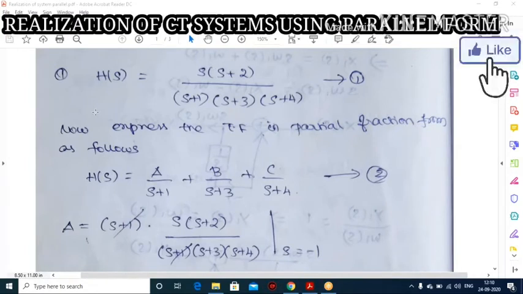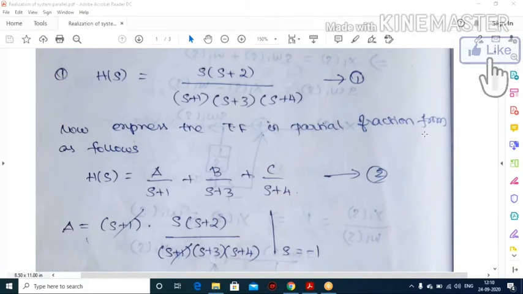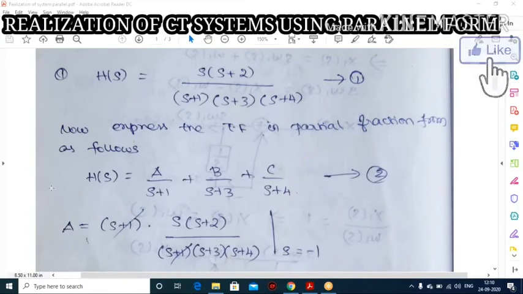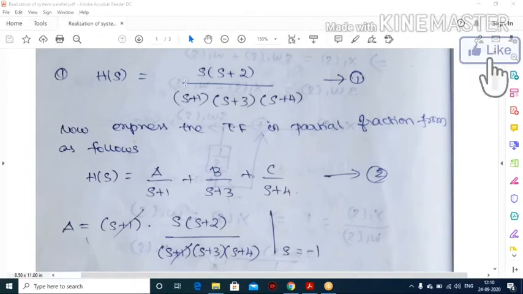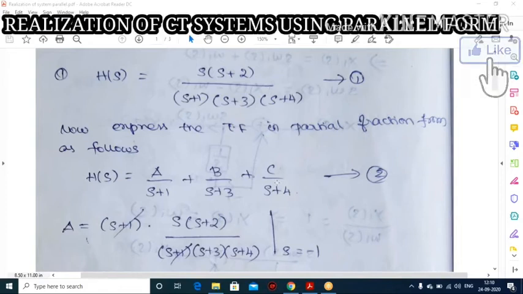First, express your transfer function in partial fraction form, the PFE method. H of S equals A by S plus 1, plus B by S plus 3, plus C by S plus 4. This is equation number 2.